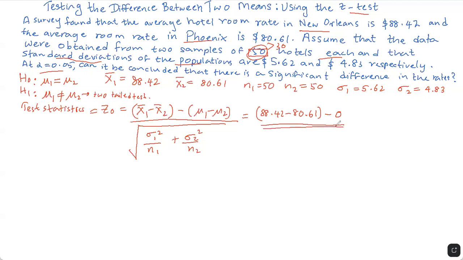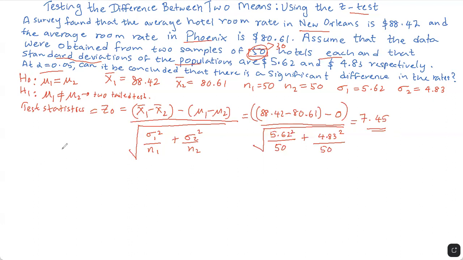Divided by the square root of sigma 1 square, which is 5.62 square, divided by n1, which is 50, plus 4.83 square divided by 50. So if you solve this equation, you will see the number is 7.45. So this is the test statistic for this problem.